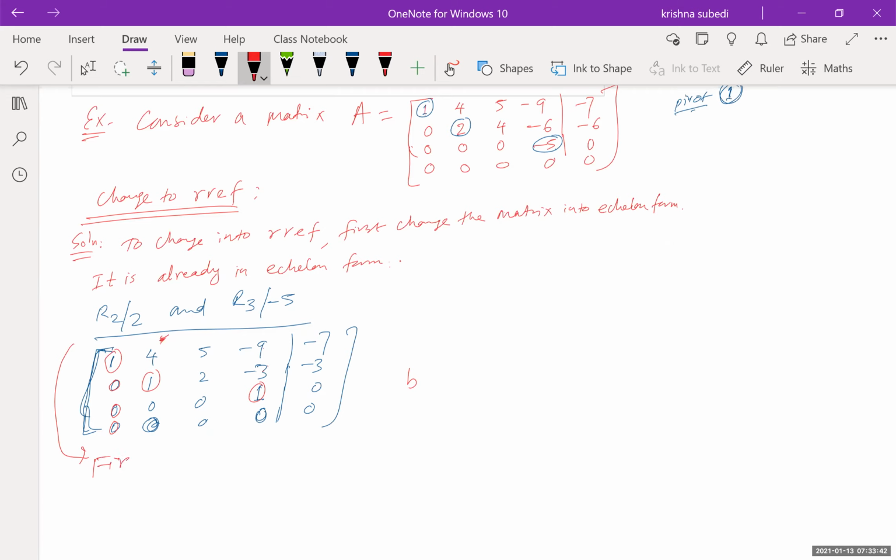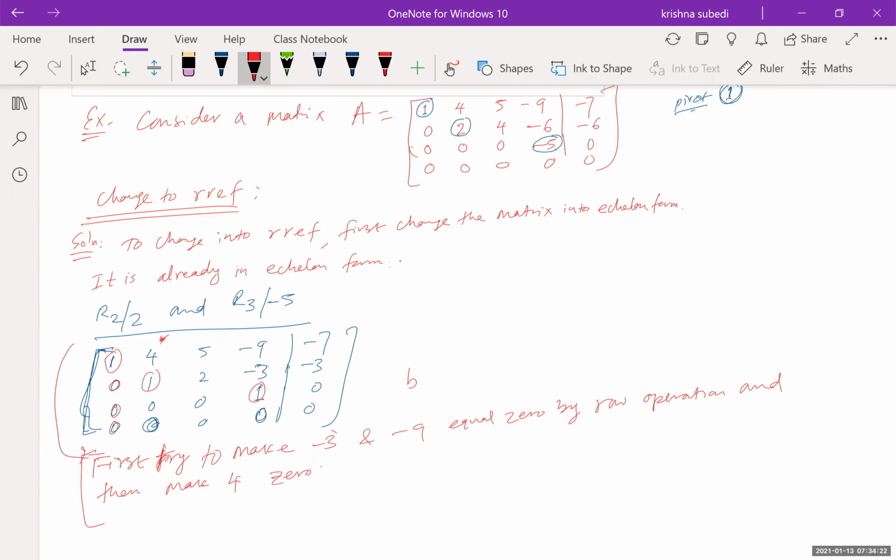First try to make -3 and -9 0. How to write that? First try to make that equal 0 by a row operation, and then only make 4 0.